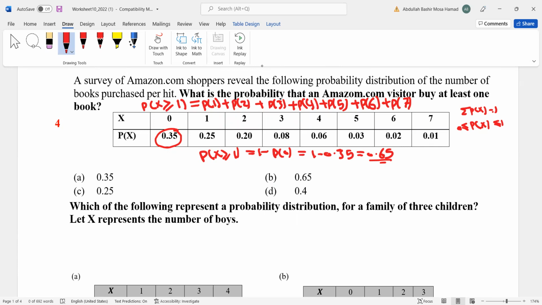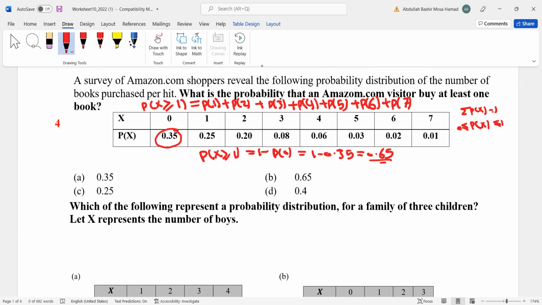We just use the complement and the condition that the summation of P of X should be equal to 1. So instead of finding this plus this plus this, we find 1 minus P of X equals 0, which is 0.35, to get 0.65, the probability of at least 1.